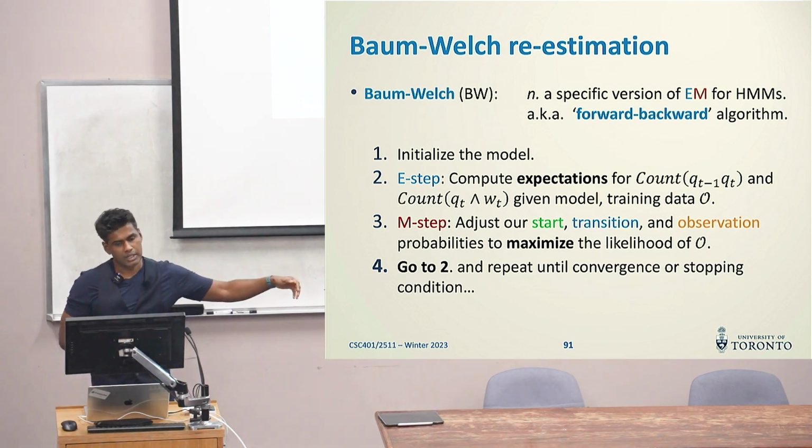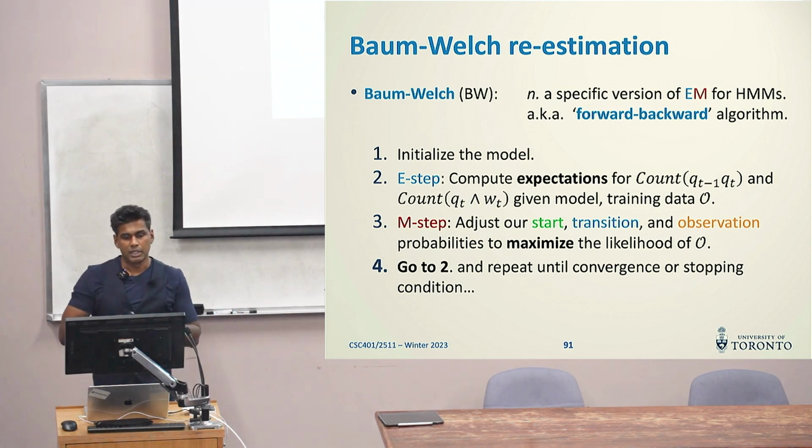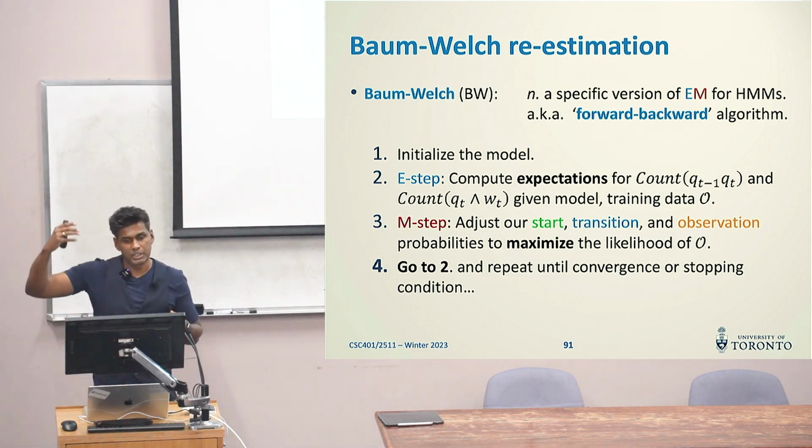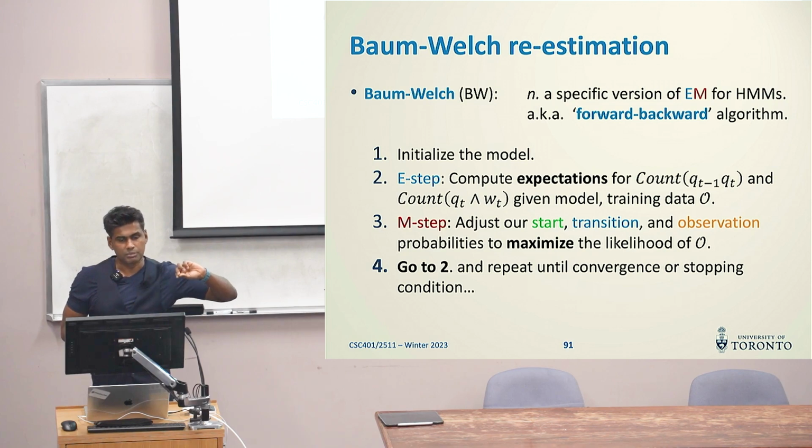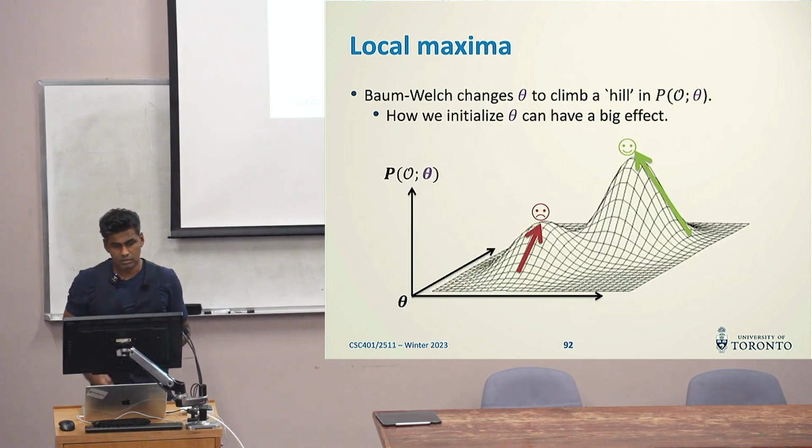First you initialize the model, and then in the expectation step you compute the expectations for state transition and emission based on some given model, parameterized by theta k, if we're in the kth iteration. Then in the maximization step, you update those theta parameters, like our start, transition, and observation probabilities, to maximize the likelihood of our observation. And then you keep repeating this.